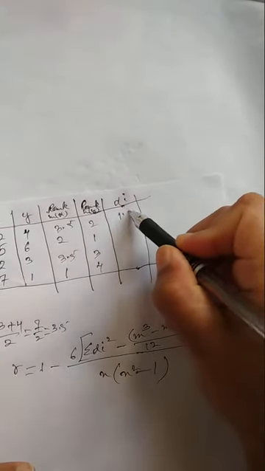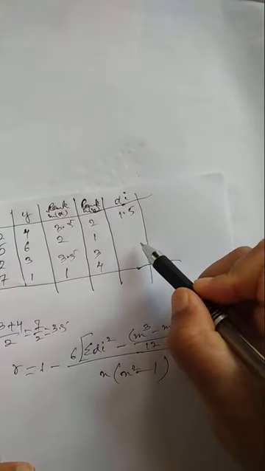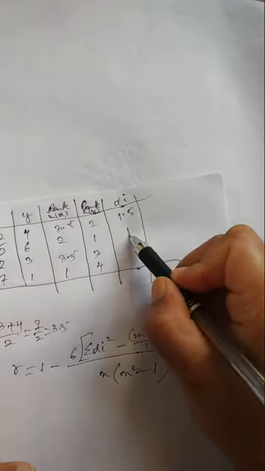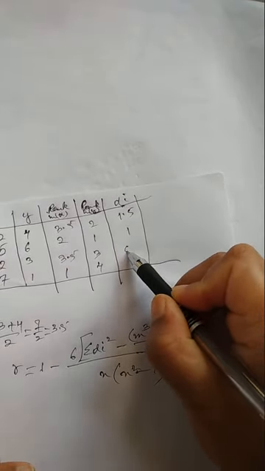So di will be 1.5, then 1, then 0.5, and then minus 3.